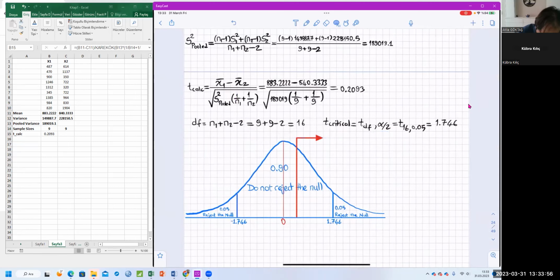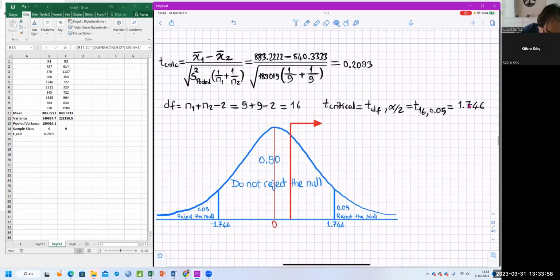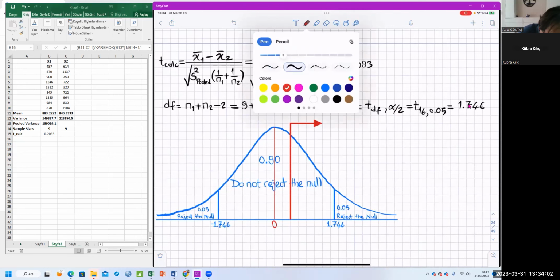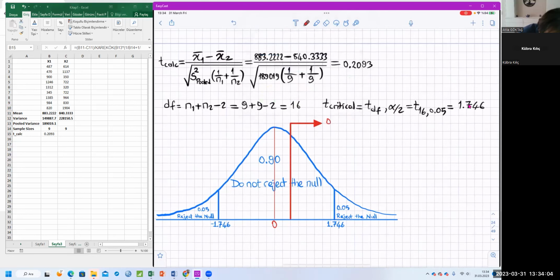Okay. So the calculated statistic is 0.2093. So that's the calculated statistic. It is falling within the region where you will not reject the null hypothesis.